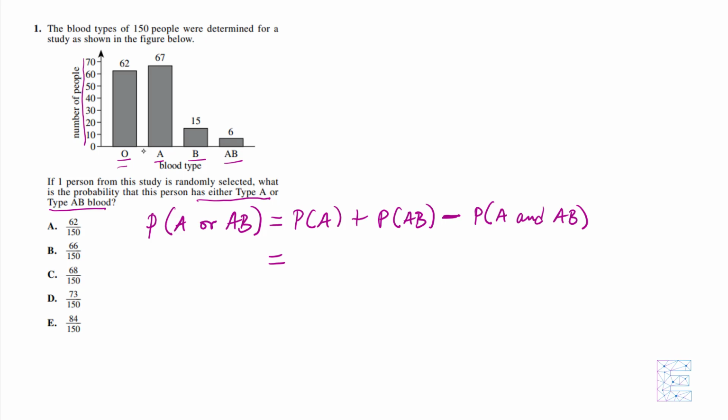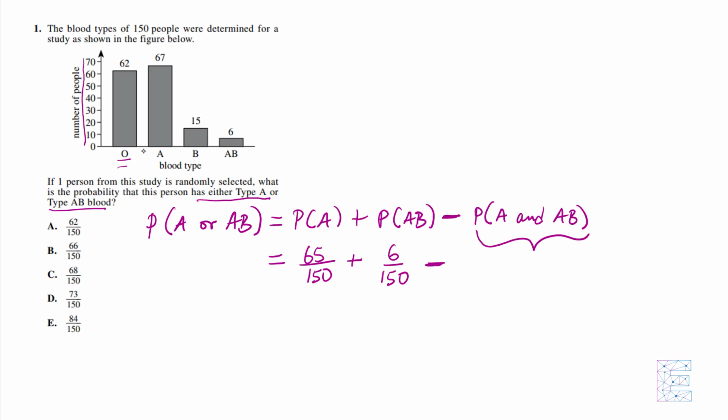We have probability of A. How many people have blood type A is 67 of a possible 150. Plus, how many people have blood type AB? 6 over 150. And then we're going to subtract the overlap. Is it possible to have blood type A and at the same time have blood type AB? That is impossible.